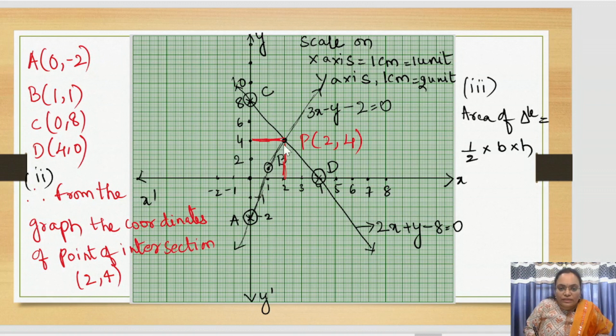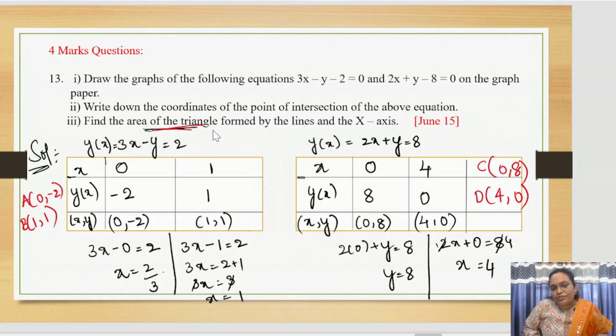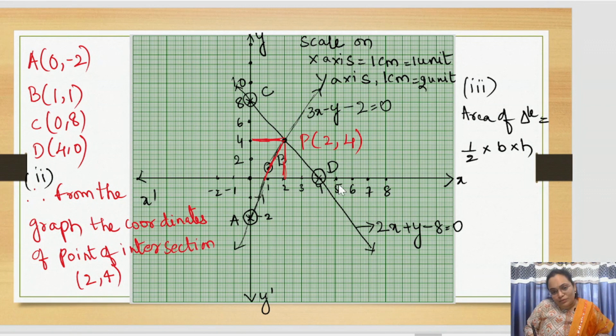Okay, so if you take this triangle, we need to look at the triangle. See here. Find the area of a triangle formed by the lines and the x-axis. So, we need to take the triangle formed by these lines and also by the x-axis. So, this is the x-axis. Yes, so this is the triangle formed.